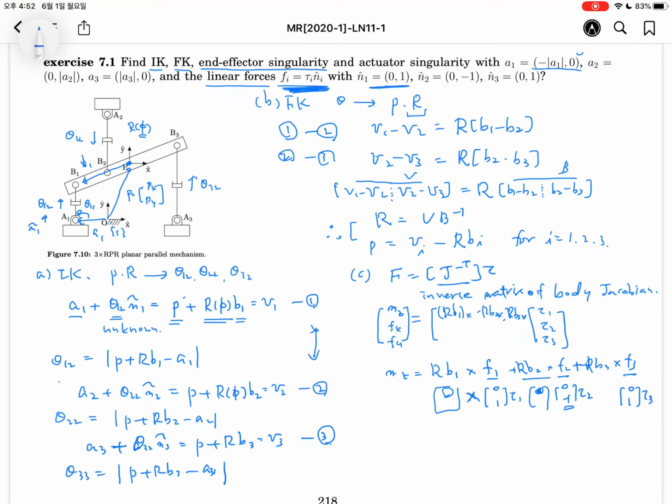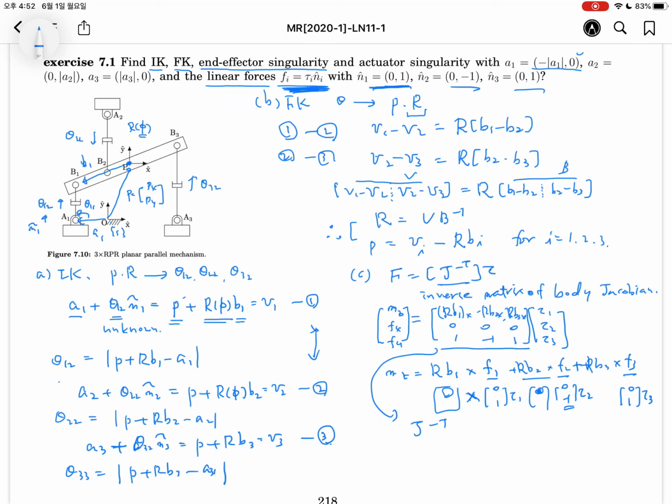How about the linear forces? The linear forces are the same: 0, 1, 0, minus 1, 0, 1. So this will be the inverse matrix of the body Jacobian. Okay, it's not difficult. Let's check the rank of this matrix.